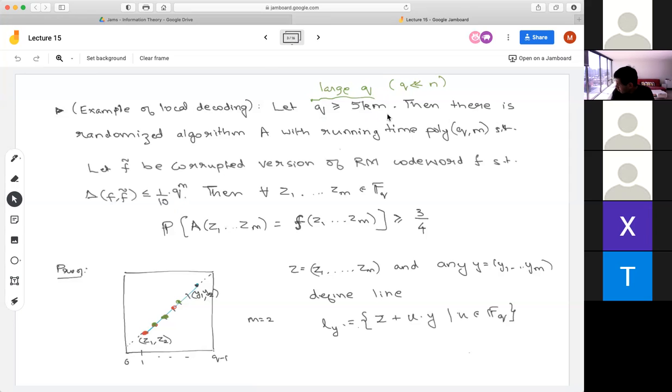Based on F tilde, you want to recover F at any given position. This is more general than recovering one symbol of the message; the symbol lives inside F somewhere. In particular, you can choose Z1 to Zm to be inside the set H, and you will recover the message, but this is more general.